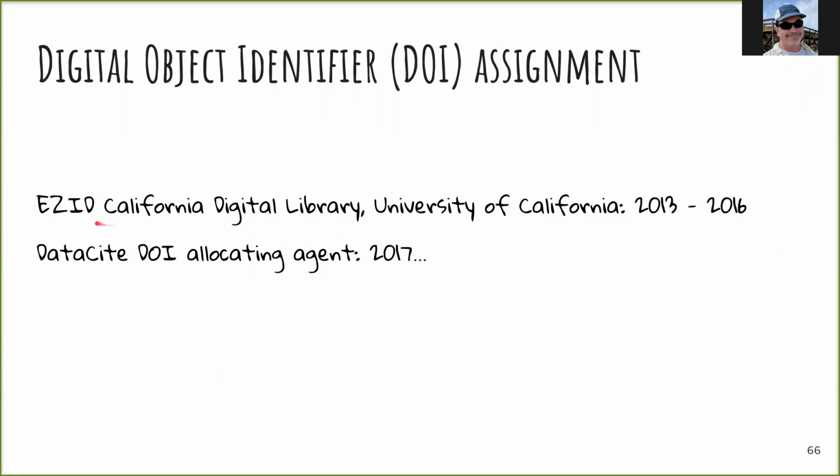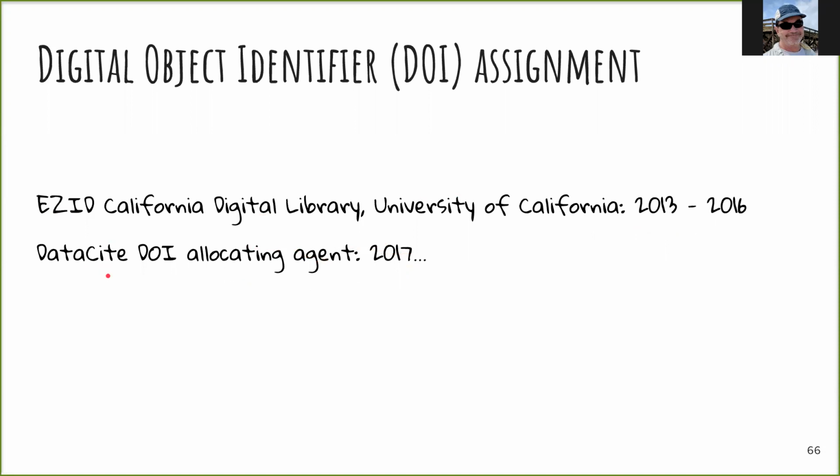I just want to make sure people are clear about what that DOI actually represents. As I mentioned, well, I didn't mention, but we've been in operation since 2013. We've been issuing DOIs since 2013. When we set out, we started working with EZID, the EZID project out of the California Digital Library at the University of California, and that ended in 2016. Since mid-2017, we've been a DataCite DOI allocating agent.